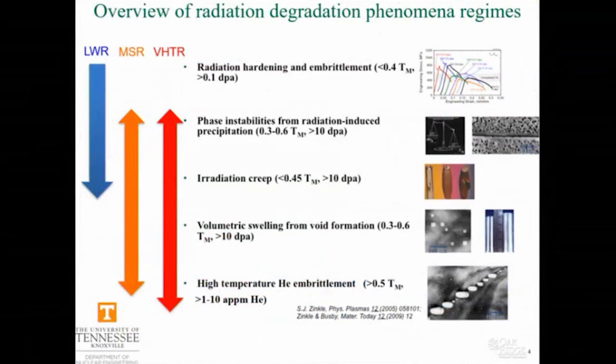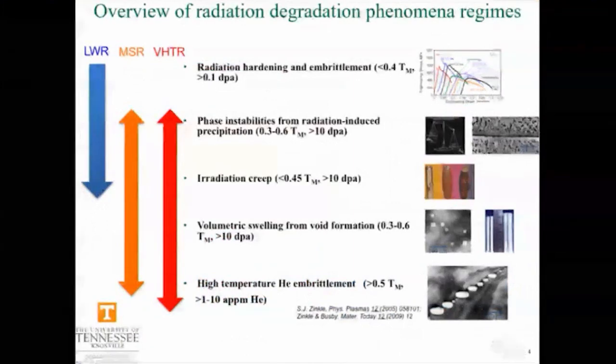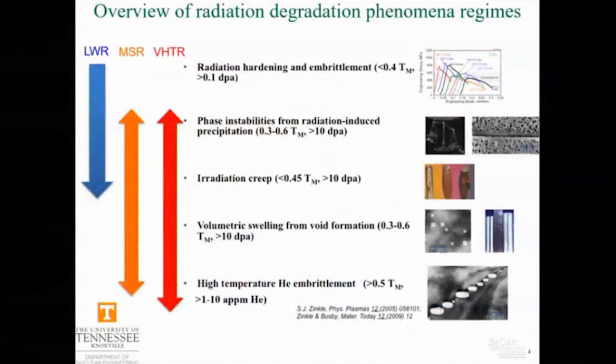For molten salt reactors, there's arguably a little bit of some of these things in the middle, but I could make a strong case that it really boils down to just one of these 5 phenomena. So that's the good news, if you will. 80% of the traditional radiation damage degradation phenomena, you can say we can forget about to first order. They're not really important. You're really only left with one, which is the high temperature helium embrittlement.